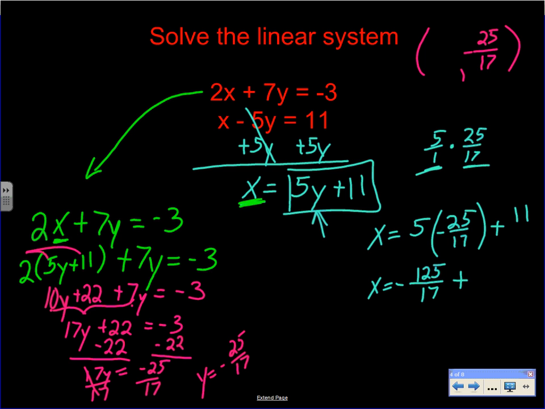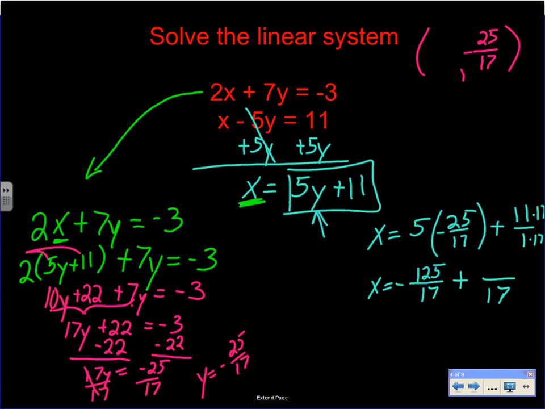But I know that I have to have a common denominator in order to add these together. So common denominator between 1 and 17, that common denominator is going to be 17. So if you have to multiply the bottom number of 1 by 17 to get 17, you have to multiply the top number of 11 by 17.